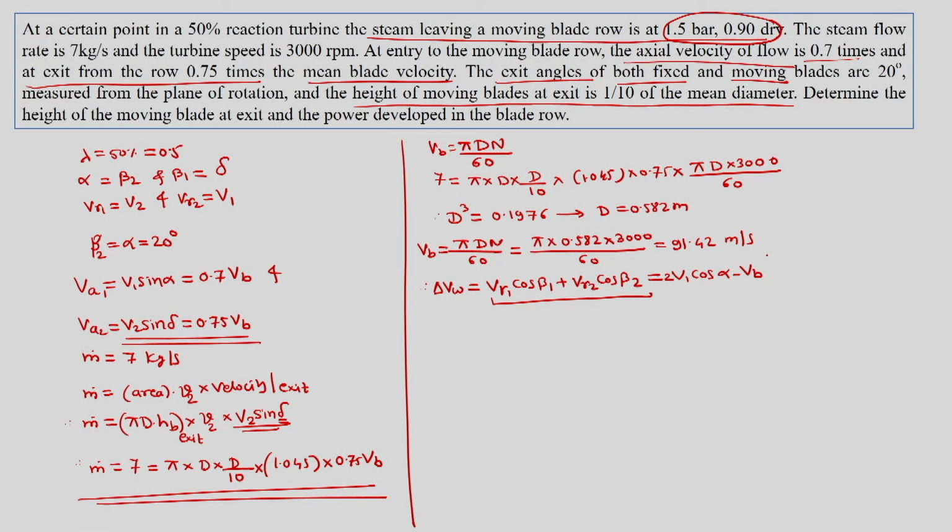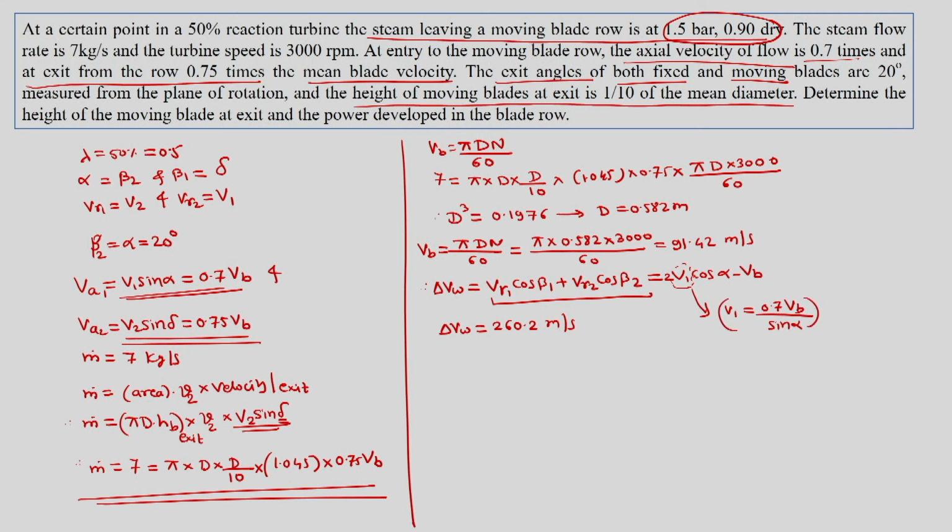So having said this, we know now everything, and we can find out delta VW from here, and so we have delta VW is equal to 260.2 meters per second, where we are going to make use of the fact that here we need to know V1, and this is basically found out from this expression, which says that V1 is equal to 0.7 VB divided by sin alpha.